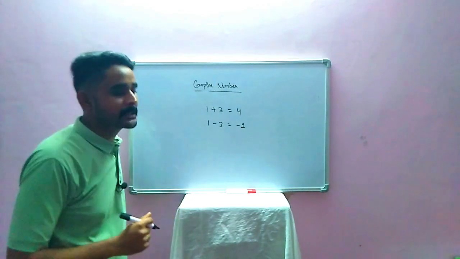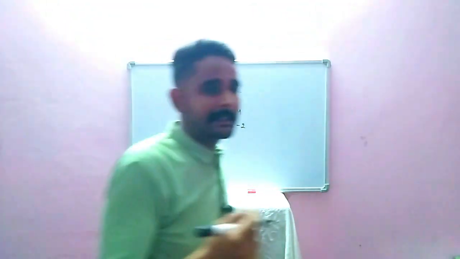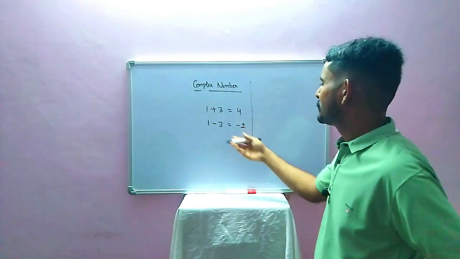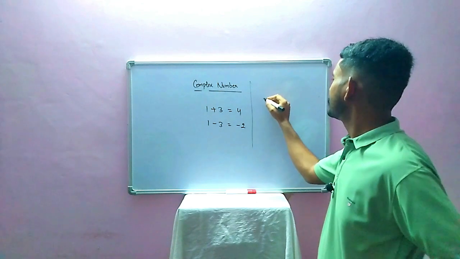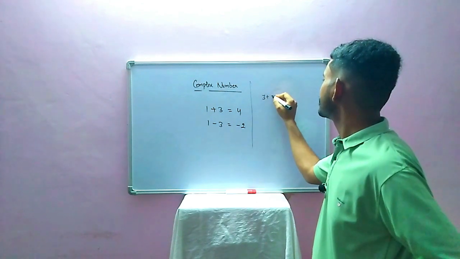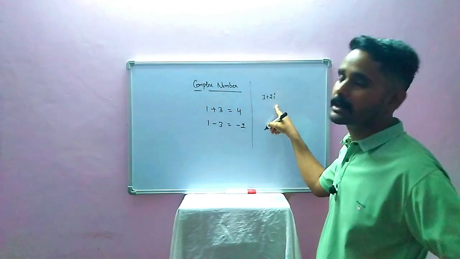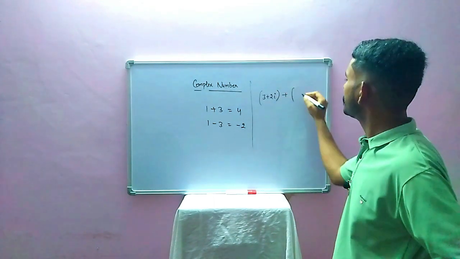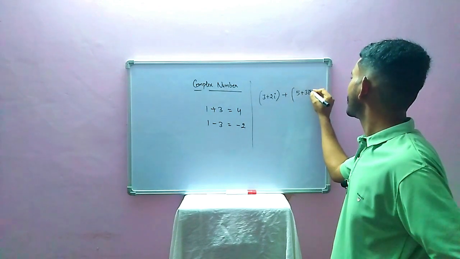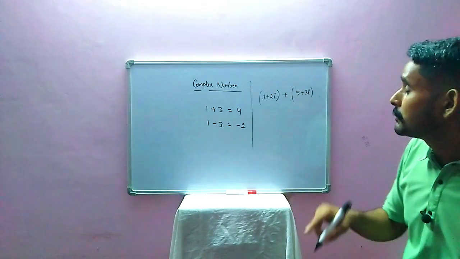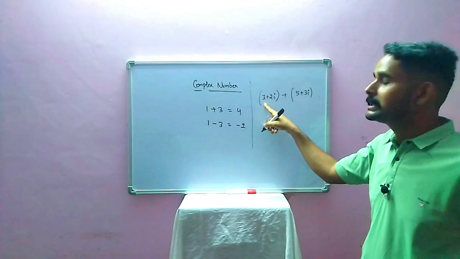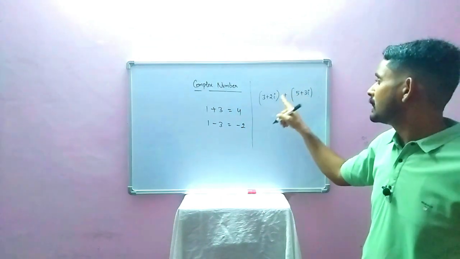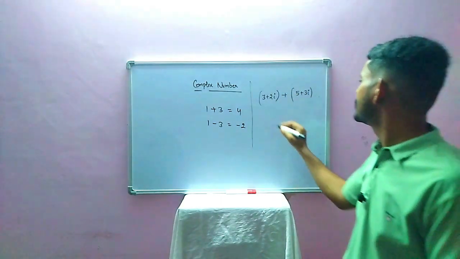But in case of complex numbers, things change. It is nearly similar to that. In case of complex numbers, 3 plus 2 iota is an example of a complex number. When we add that with another complex number, 5 plus 3 iota, remember that the real part is added with the real part, and the imaginary part is added with the imaginary part.